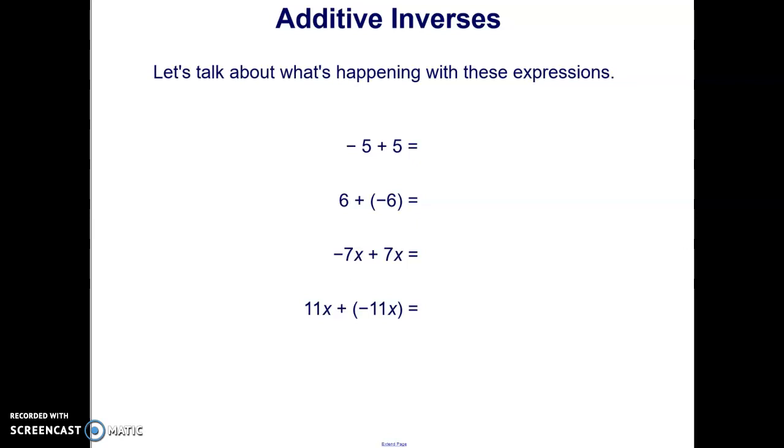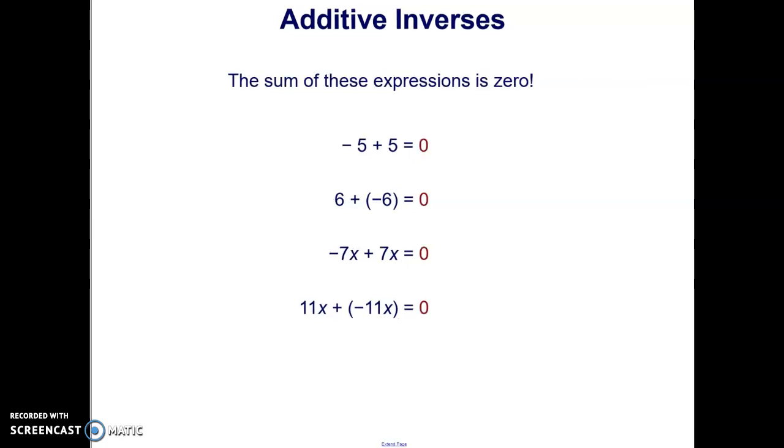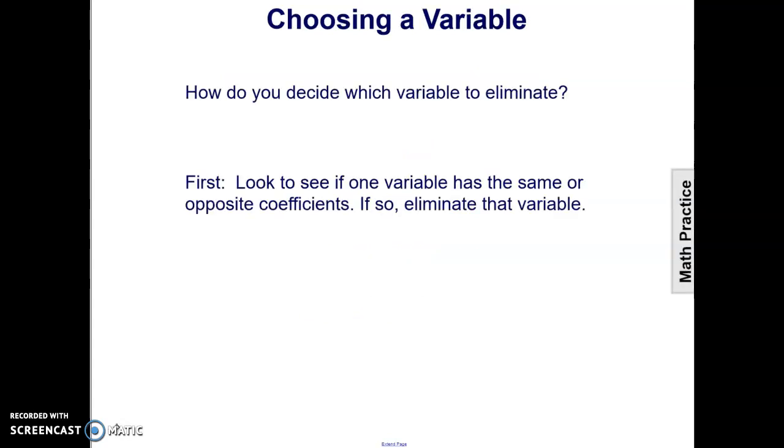And what you might notice about all of them is that they all sum to 0. When you add an opposite, it cancels it, it gets rid of it. So when you add the opposite of these things, they cancel out and are gone. That is what we use for this process of elimination. We're going to use the additive inverse property to be able to eliminate a variable.